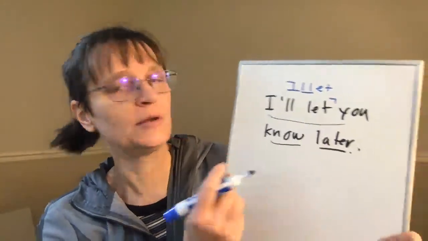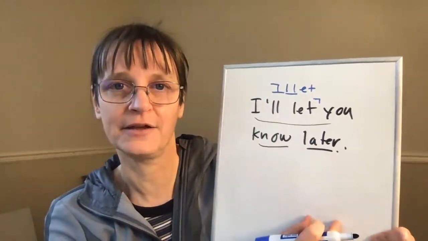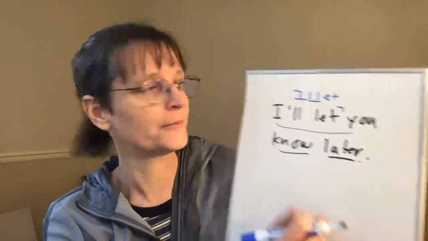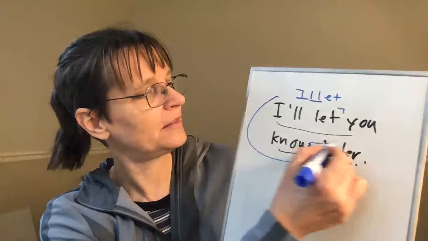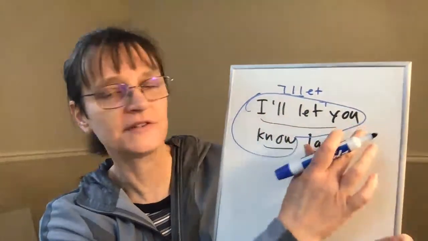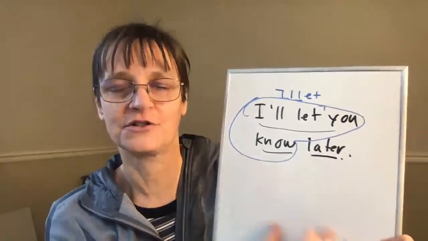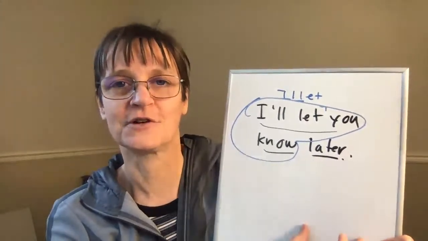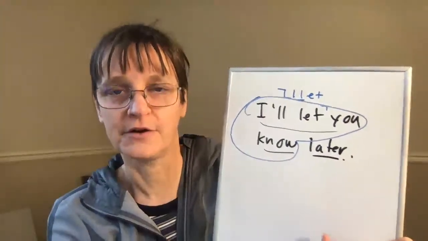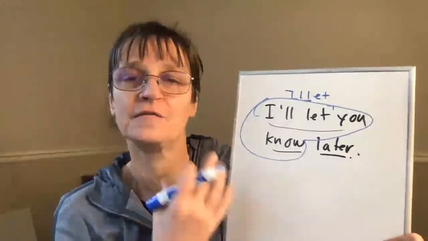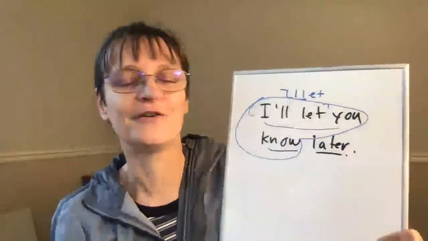So I would say just build it up from the back, later, know later, let you know later. Kind of trying to think about this part is about the same length as the word later. That's often what we do with unstressed parts of a sentence and stressed parts. I'll let you know later, so kind of getting that rhythm and being comfortable with combining those words and sounds.